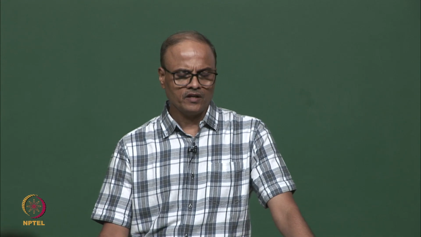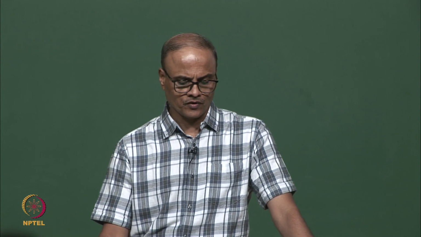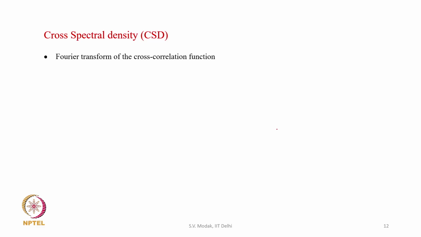So, now we can extend the definition of spectral density to the cross correlation function and define what is called the cross spectral density, CSD, which is the Fourier transform of the cross correlation function, and it is given by Sxy(omega), which is the integration of rxy(tau) times e to the power minus i omega tau d tau over minus infinity to plus infinity.